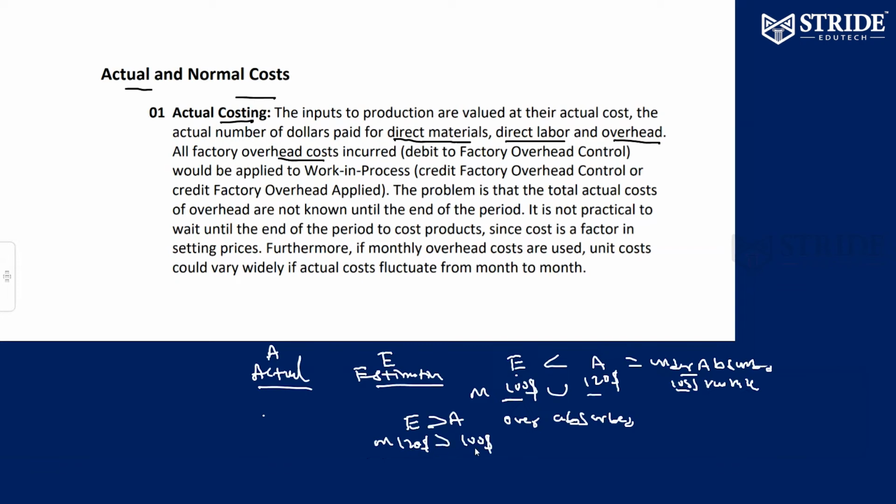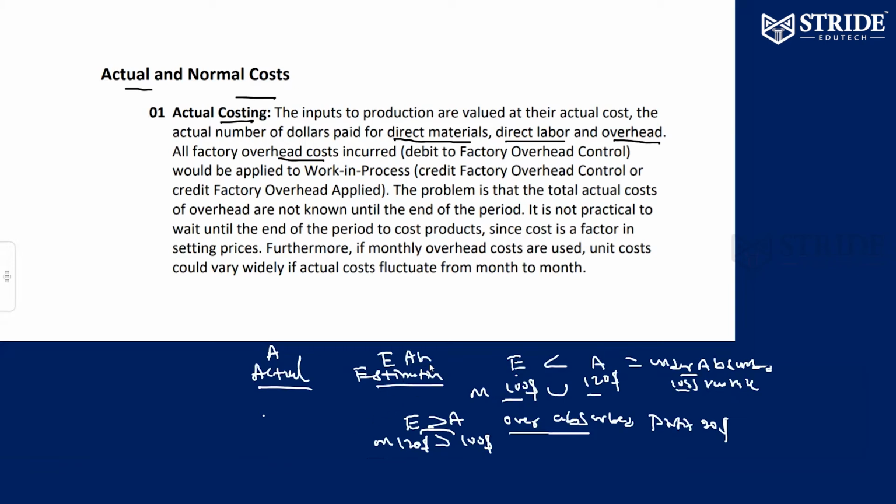Estimation is more than the actual, so it is called over absorption. Here the $20 can be credited to profit. If estimated is more than actual, it is over absorption. If estimated is less than actual, it is under absorption. Under absorption means loss, over absorption means profit. Overheads generally are estimated, and then we compare them with the actuals.